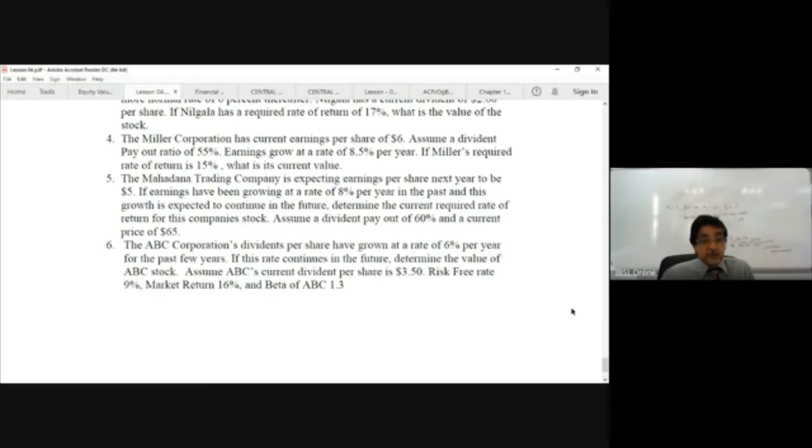ABC Corporation's dividends per share have grown at a rate of 6% per year for the past few years. If this rate continues in the future, determine the value of ABC stock. Growth rate is given, that is g equals 6%.